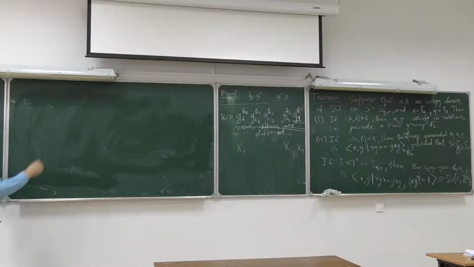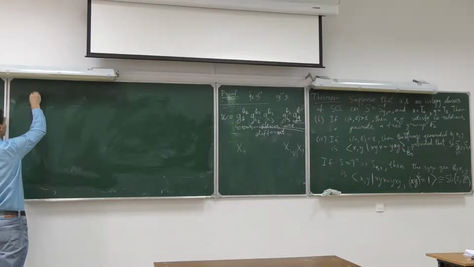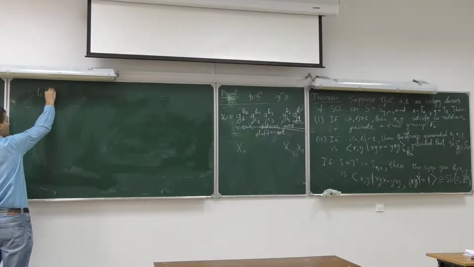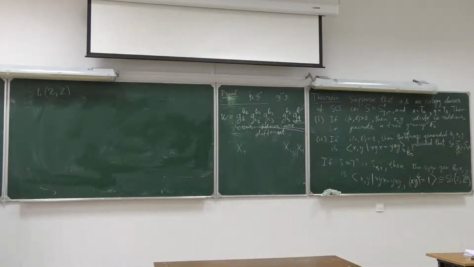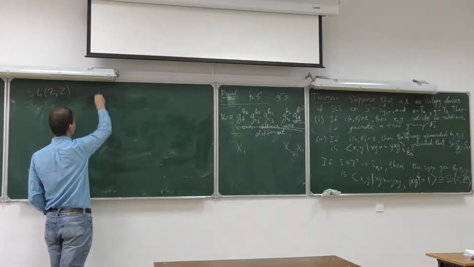So, if we just consider the group SL2Z, then we may consider the following two matrices.